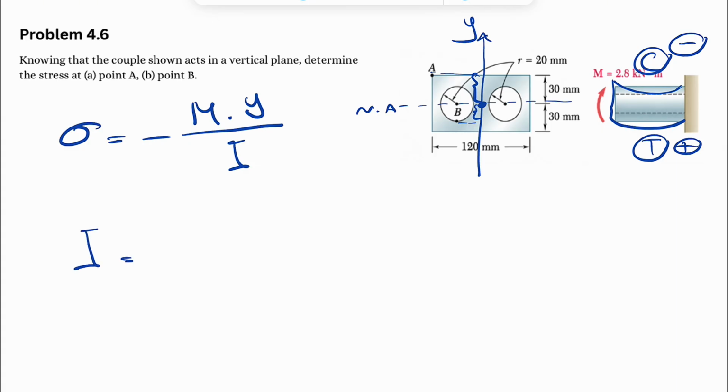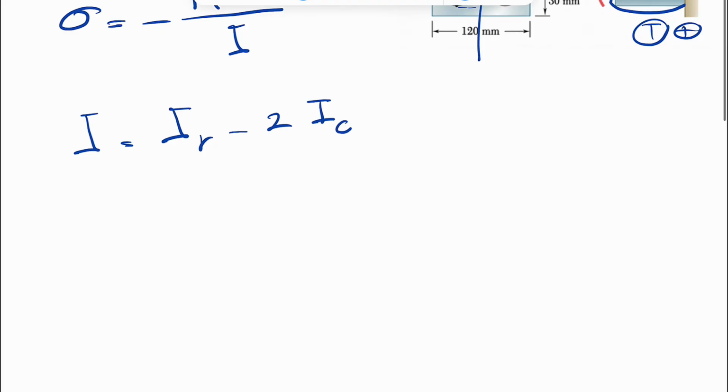If we look at it, we have the moment of inertia of the rectangle, which I show with IR, for which we have the formula, and we have to subtract these two circles, showing it with 2IC, maybe for circle. That's probably the hardest part of this. As long as we can figure this out, the rest just has to plug in the numbers.